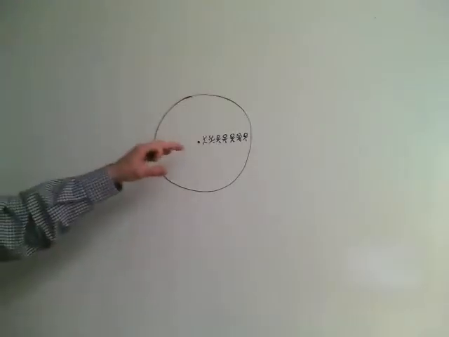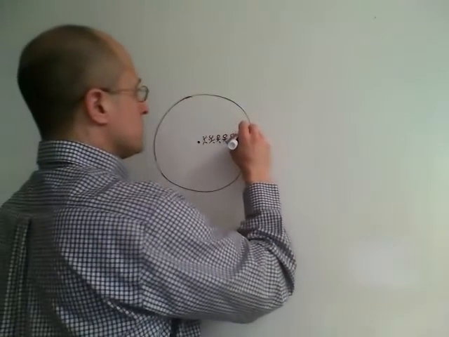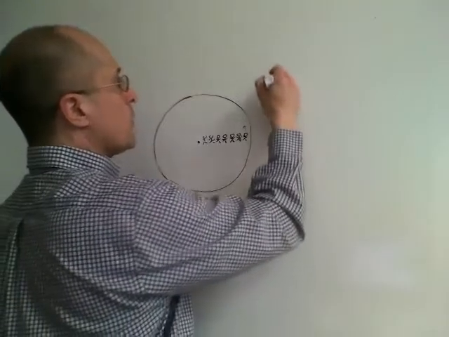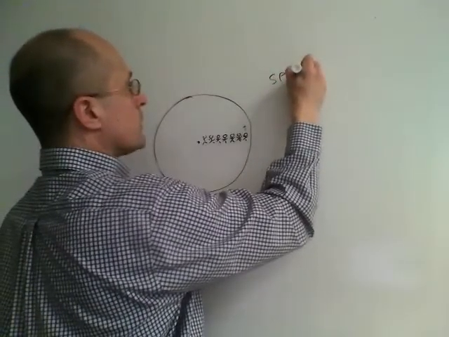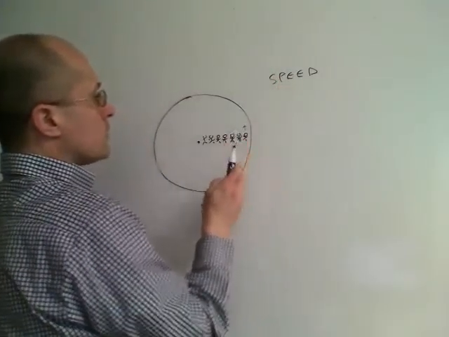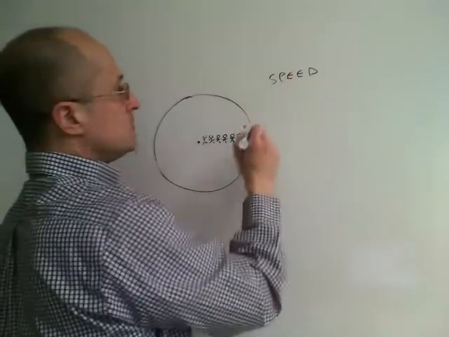And so when the runners are running around the track, what we used to call speed before, when the runners are running, that was what we used to call speed.